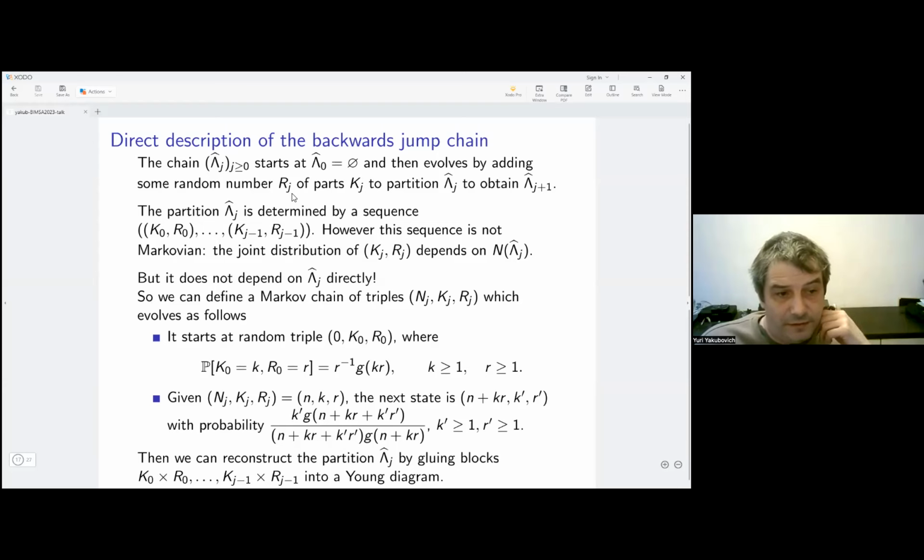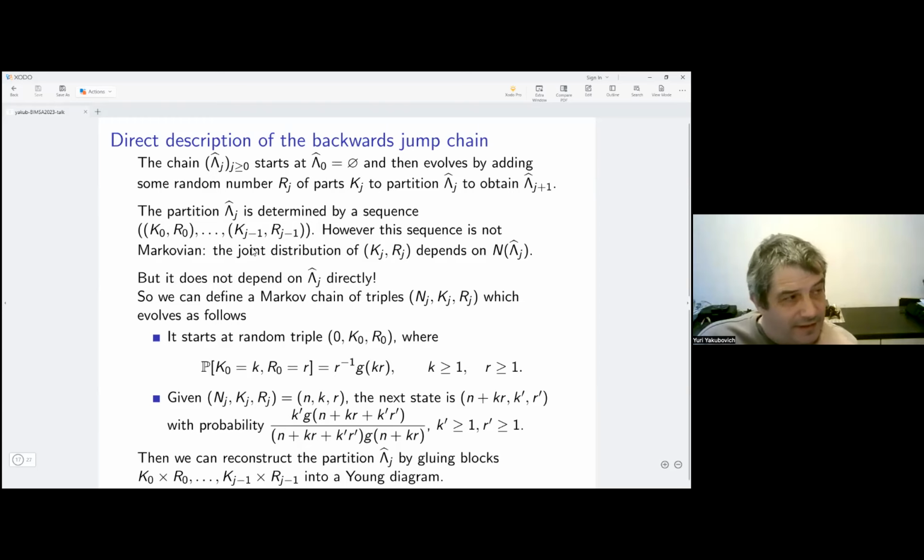And we know an explicit expression for the distribution of this pair R and K. And so in order to determine what lambda J is, we just have to know which blocks of parts we have added to it. So it is determined by this finite sequence of random vectors.